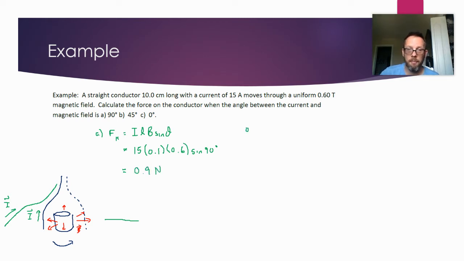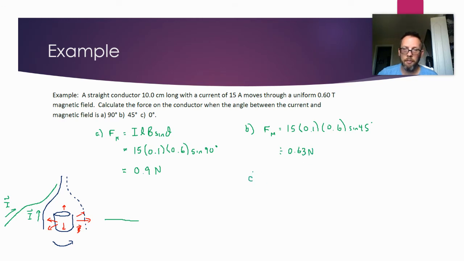For part B, if the wire was at kind of an angle to that magnetic field, we would have the same calculation. It would be 15 times 0.1 times 0.6 times the sine of 45. So that's going to be obviously less, about 0.63 newtons.